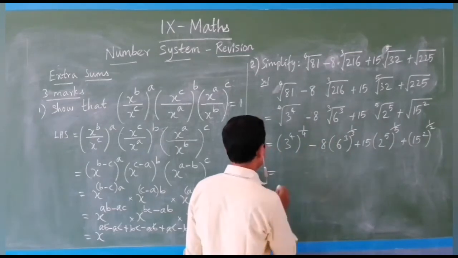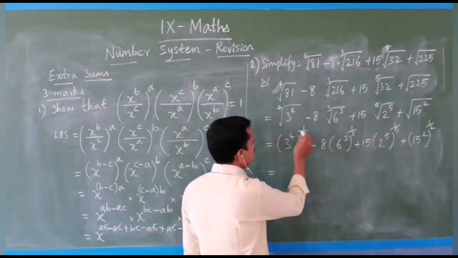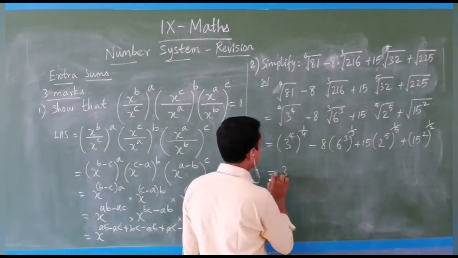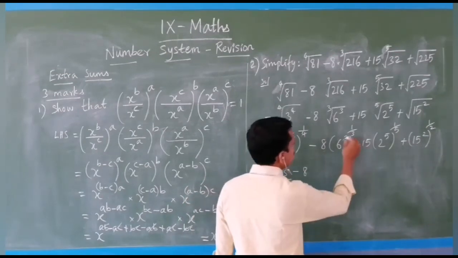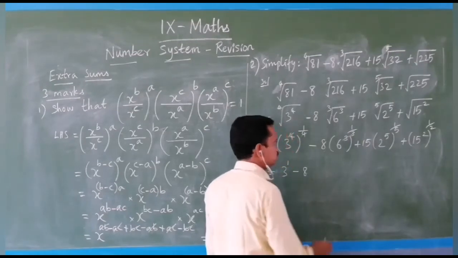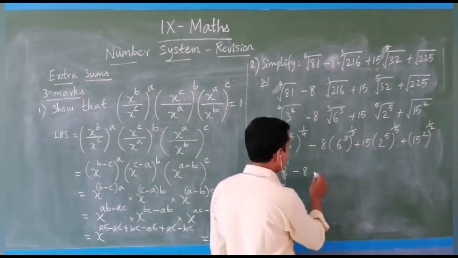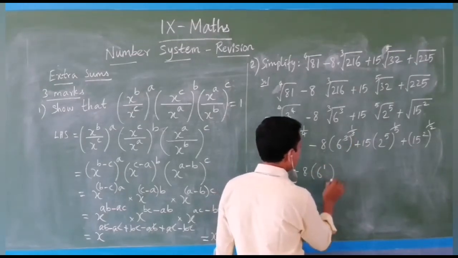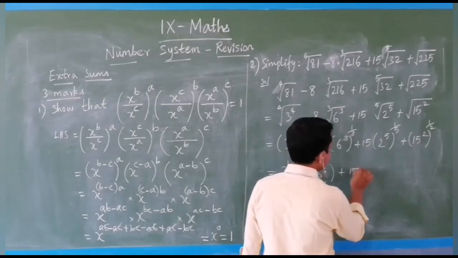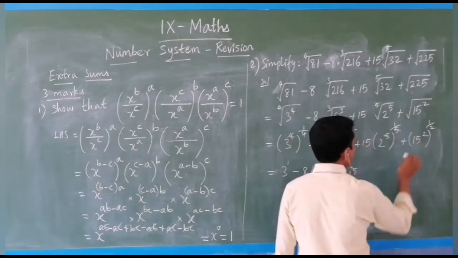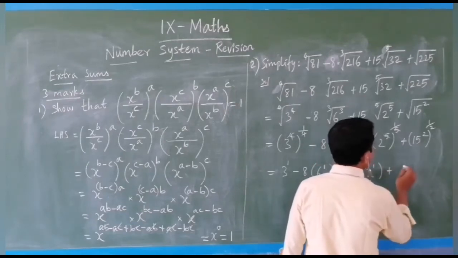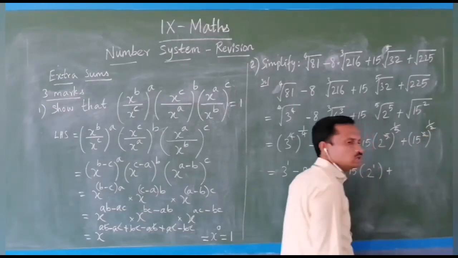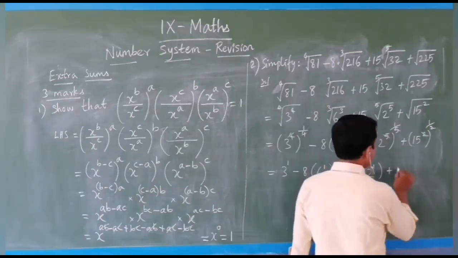And now you get power into power: 4 gets cancelled, it becomes 3 power 1, minus 8 into 6 power 3 into 1 by 3. So you cancel 3 and you get 6 power 1, and then plus 15 into 2 to the power 1, plus here 2 into 1 by 2, so you get 15.